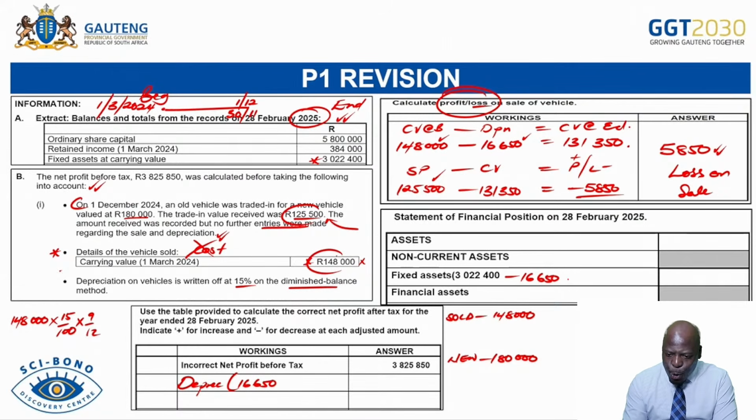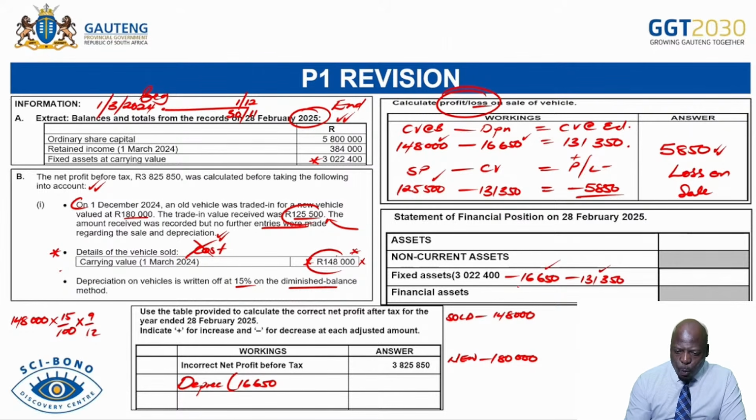And then I'll also subtract the carrying value on the date of disposal, which is 131,350. So I subtract these two amounts. In other words, I subtracted the 148,000, the carrying value of the asset that we've disposed of. You can show it separately as I've done here.